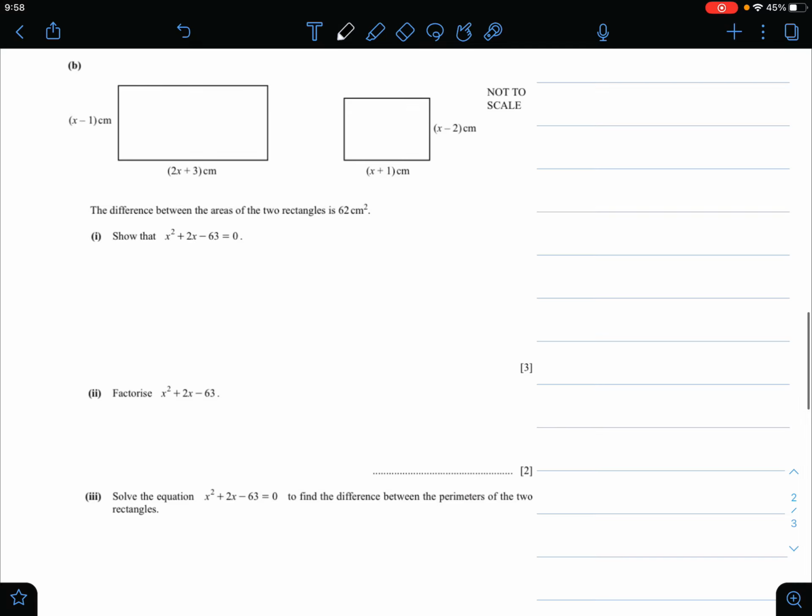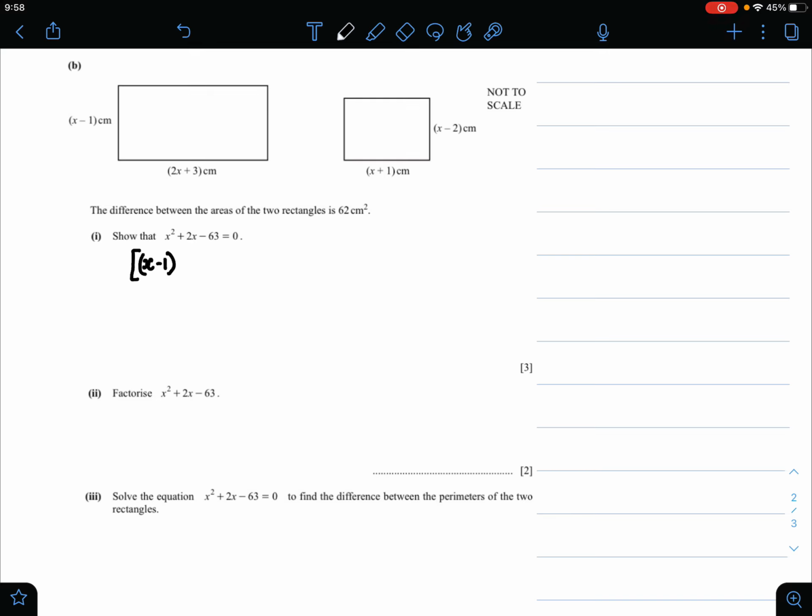For part B1, they are asking us to show that the difference between the two areas of the rectangles, which they tell us is 62 centimeters square, gives x square plus 2x minus 63 is equal to 0. The formula for the area of a rectangle is the length multiplied by the breadth.